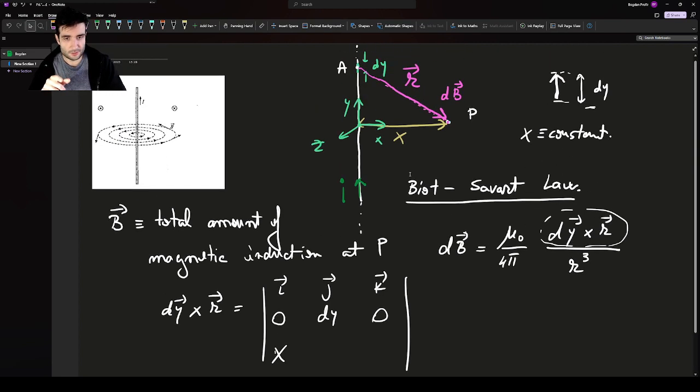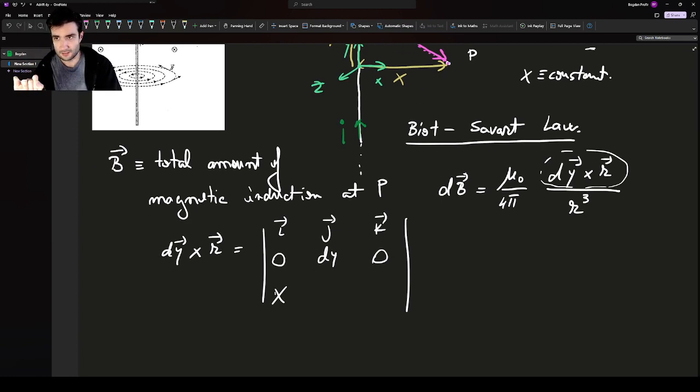And the j component is going to be minus y, because the distance from the origin to my wire element is going to be y. Its length is dy, and r is this vector that points downwards from A to point P, right? So it has a j component, which is negative y, because it points downwards, and then it has nothing in z.